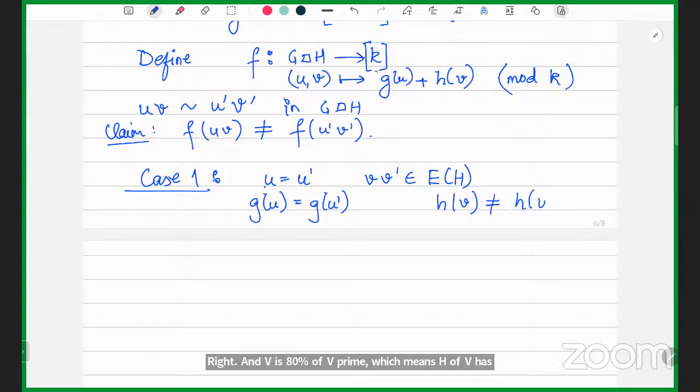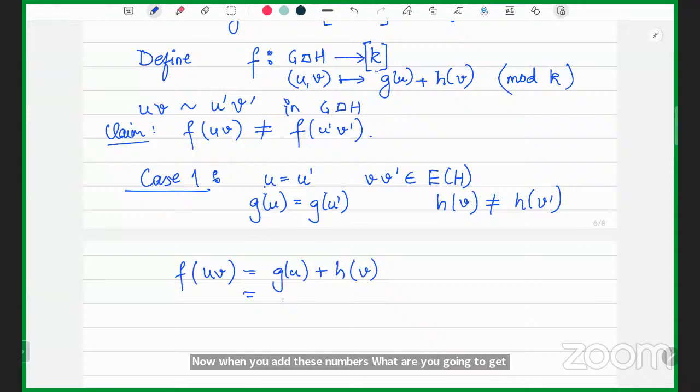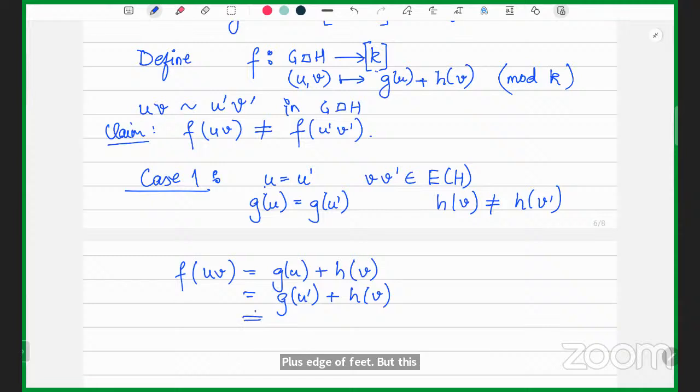Now, when you add these numbers, what are you going to get? F of UV is G of U plus H of V, but this is the same as G of U' plus H of V, but this is not equal to G of U' plus H of V', which is F of U'V'.